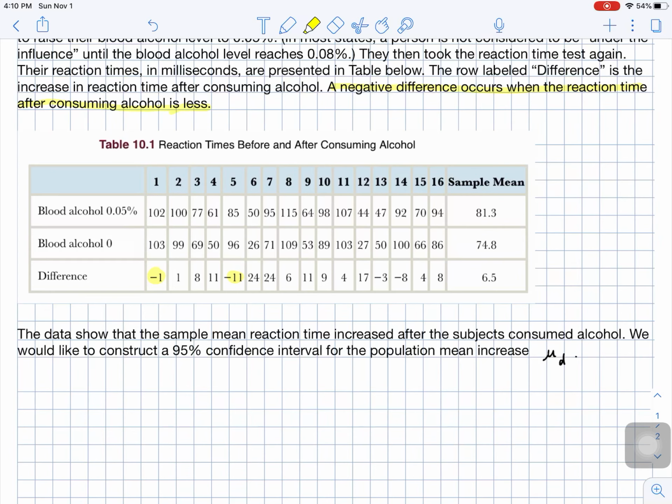With alcohol at 0.05%, the time to react was 102, but without alcohol, it took 103. The same for the fifth person, 85 and 96. So you see that with the alcohol, it took them less time. That's why a negative number means the reaction time after consuming alcohol is less.